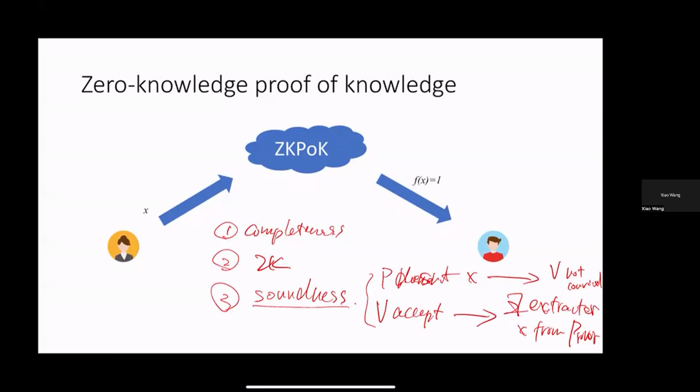If you take the contrapositive of the first one, it means that if the verifier accepts, then the prover knows X, but it doesn't say exactly what it means for the prover to know X. Here, the second version says there exists an extractor that can extract X from the prover, so it must contain an explicit procedure to extract the witness. I don't want to go into that much detail about the extractor, but I wanted to emphasize that there are two versions of zero knowledge proofs.